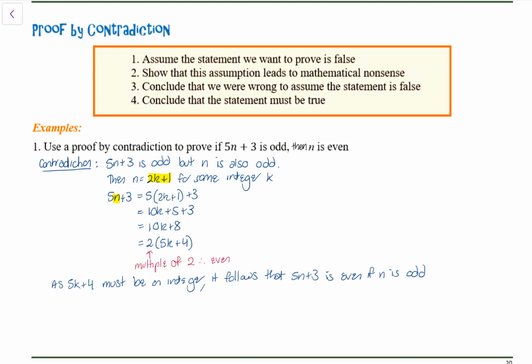Okay? So, does that make sense? Okay, it doesn't, does it? It says it follows that 5n plus 3 is even if n is odd. That doesn't make sense. But this is a contradiction.